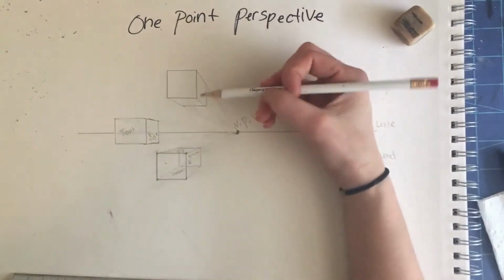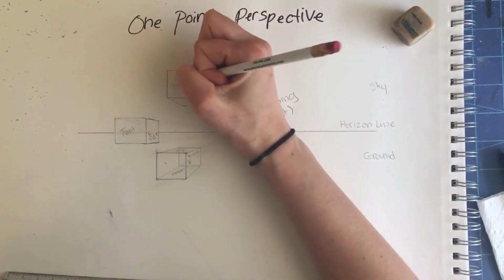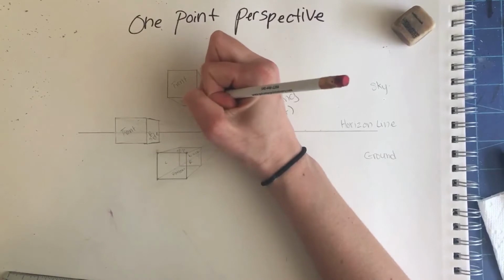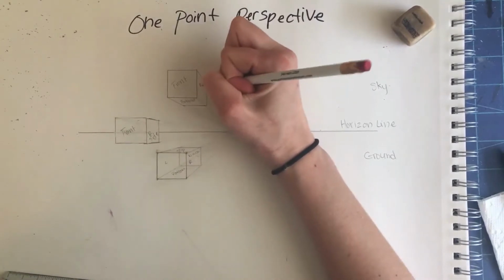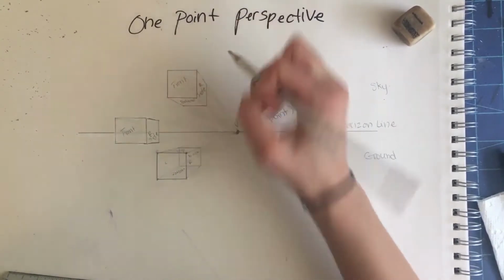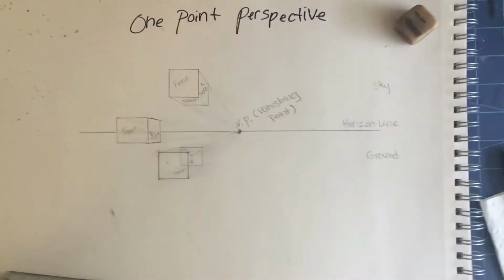Now, note here that we see the front, the bottom, and the right side because it is above the horizon line.